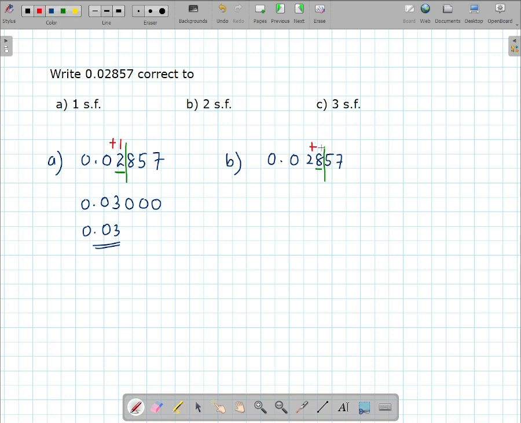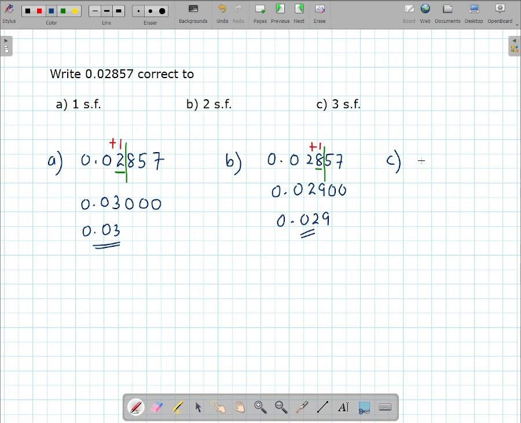Add 1. Then this becomes 0.029. Earlier 28, add 1 to 9. Then after the separation, the digits are 0. Since it's a decimal, we can write 0.029. No need for these zeros.